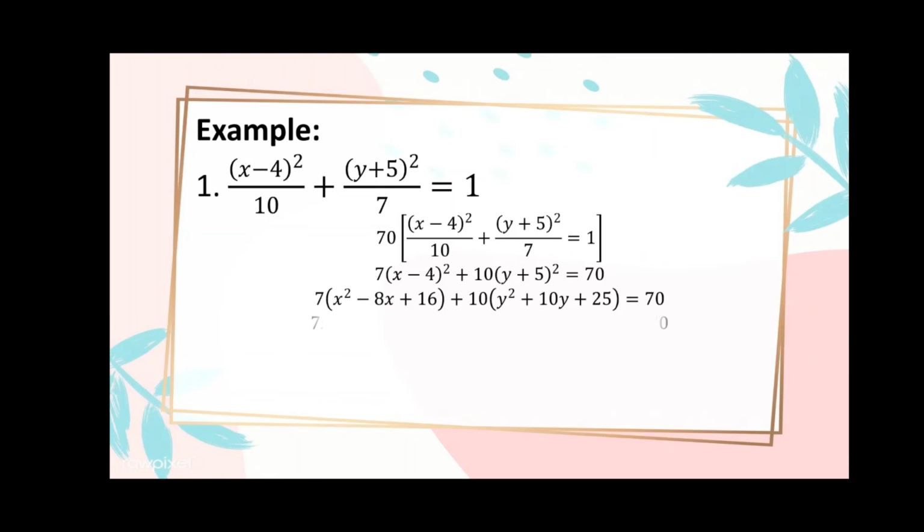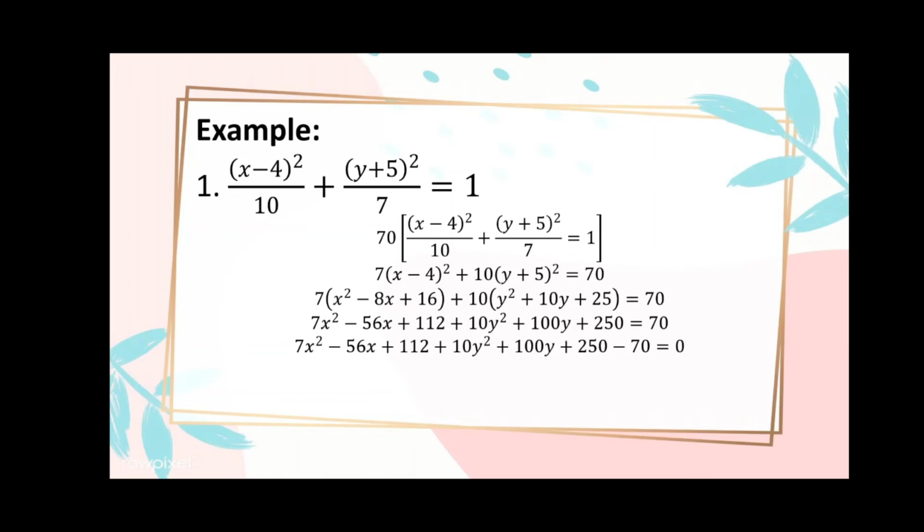Next is for you to simplify both sides of the equation. Of course, you need to multiply 7 on the whole trinomial. So we have 7x squared minus 56x plus 112 plus 10y squared plus 100y plus 250 is equal to 70.